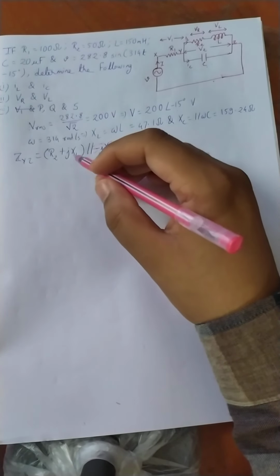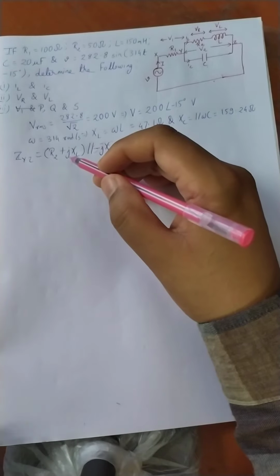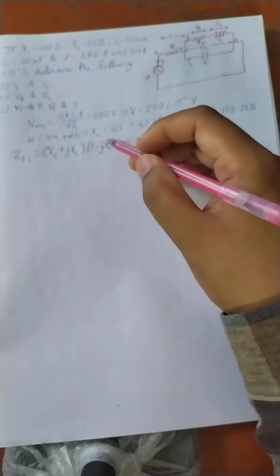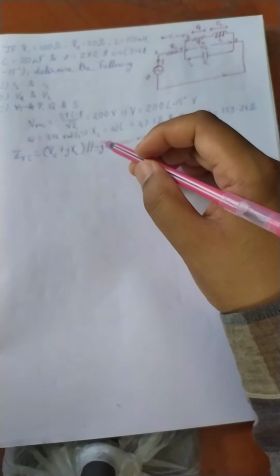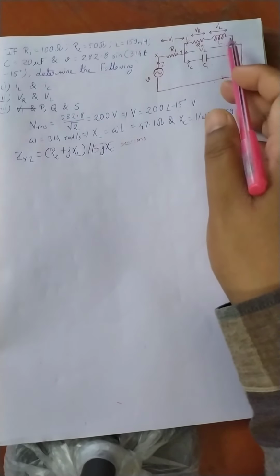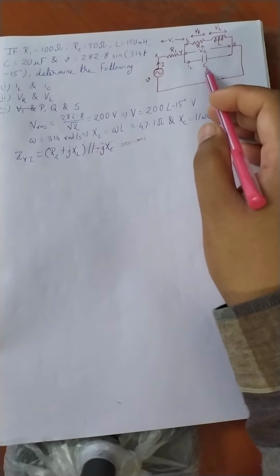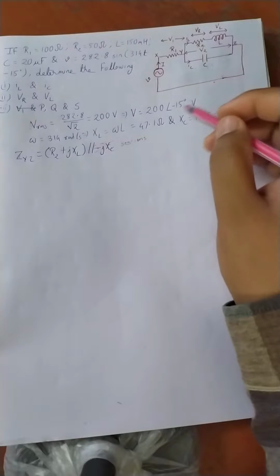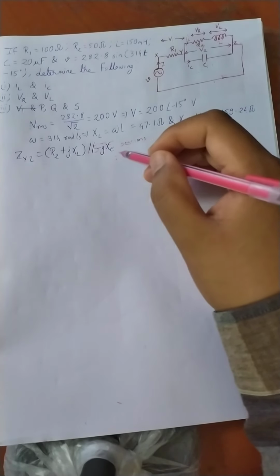Why am I writing it this way? Because in the case of an inductor, we often represent it with plus j, and in the case of a capacitor, we represent it as minus jXC. That is why I am writing it that way.